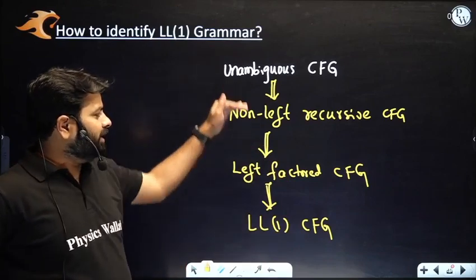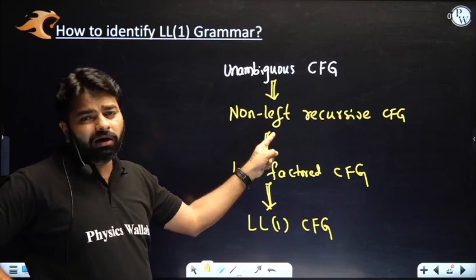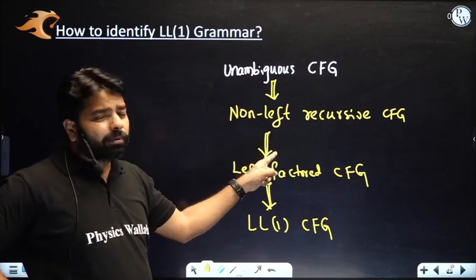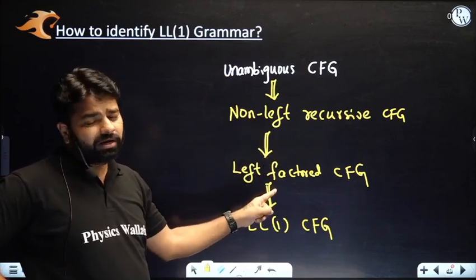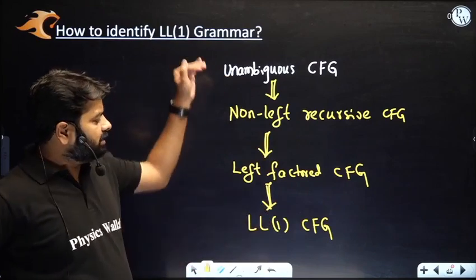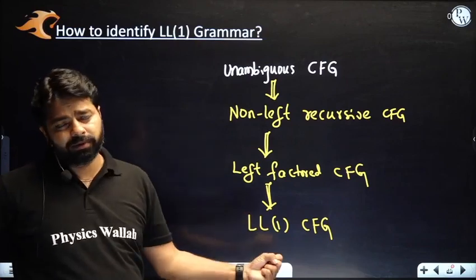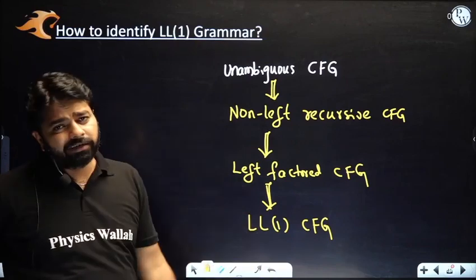So, these steps are very important. Take an ambiguous grammar and eliminate ambiguity, eliminate left recursion to get a non-left recursive CFG, eliminate common prefixes to get a left factored CFG, and construct the table to understand whether the given grammar is LL1 or not. So, these are the steps to identify or write LL1 grammar.